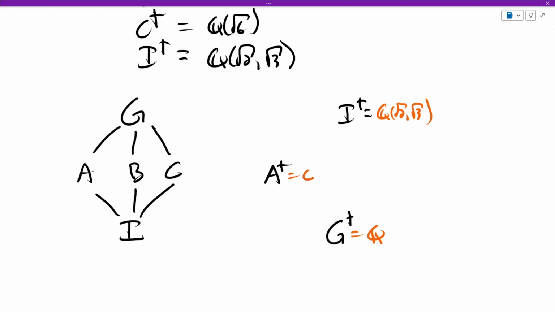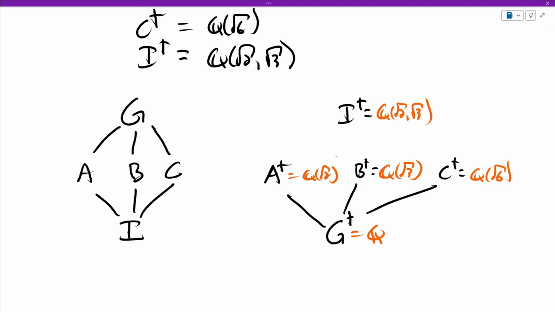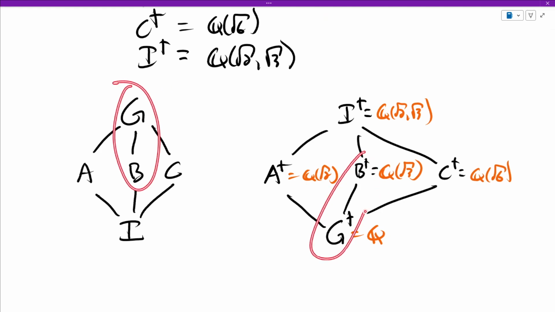A dagger was Q adjoin root 2, B dagger was Q adjoin root 3, and C dagger was Q adjoin root 6. And now the subset containment goes in the opposite way. So this is what the inclusion reversing aspect of the Galois correspondence is doing. B used to be contained in G, but now G dagger is contained in B dagger. So we see that happening in this example.